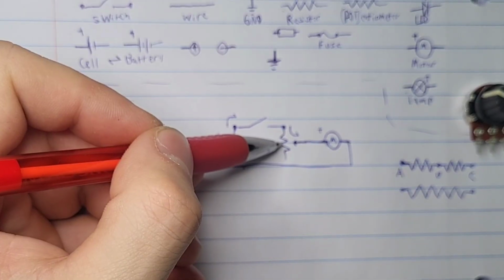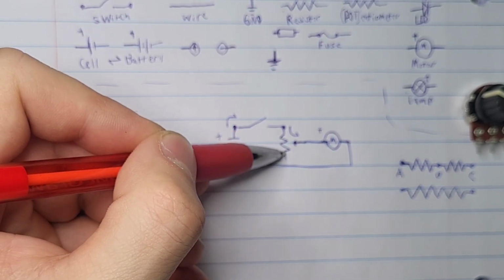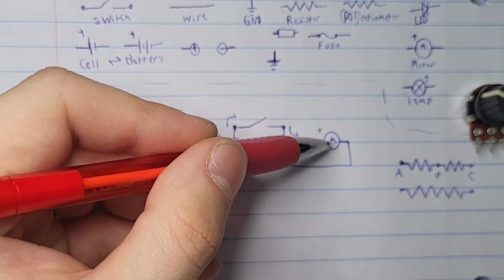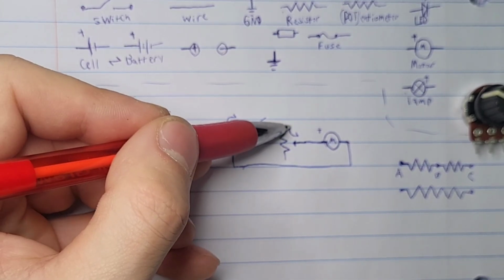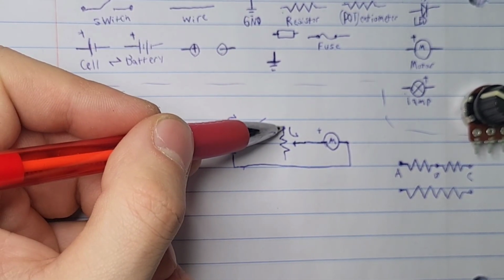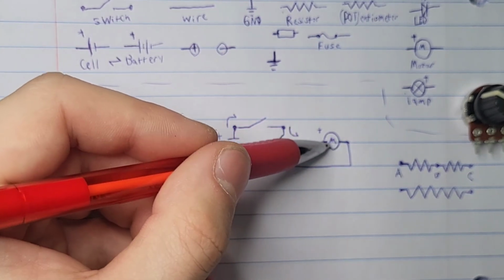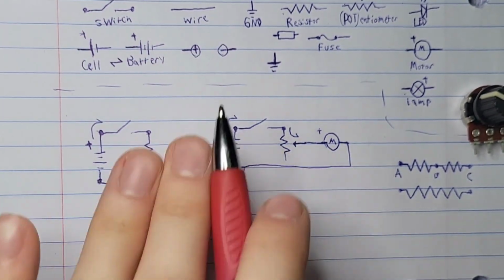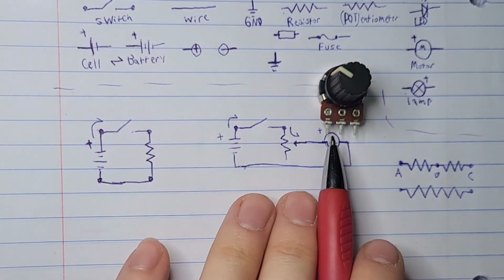Now if we adjust this to go down, it'll be the full resistance of this potentiometer, which will slow down the motor. And if we bring this up, let's say to the wire, it'll be zero resistance, or the wire's resistance, and then it'll go as fast as the battery will let it go.